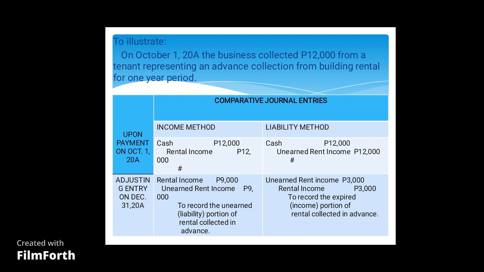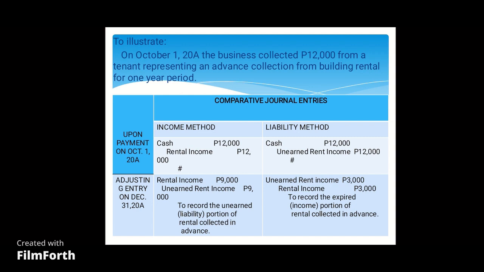So, effects on financial statements under income method. If no adjusting entry is prepared, the whole amount of 12,000 will be charged to income when in fact 9,000 is an unearned portion or liability. Since the liability portion could not be recorded without the said adjustment, income is overstated and liability is understated.